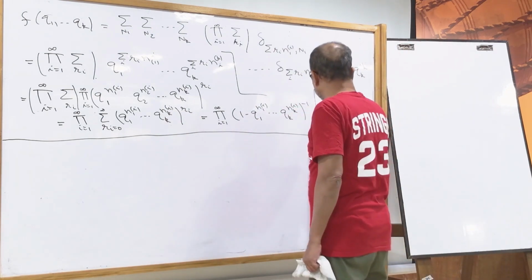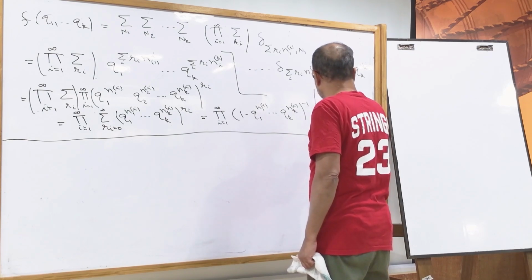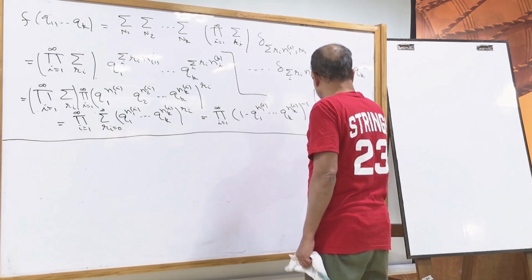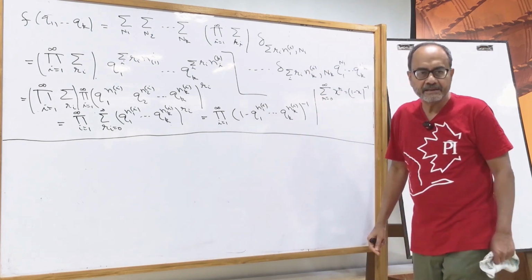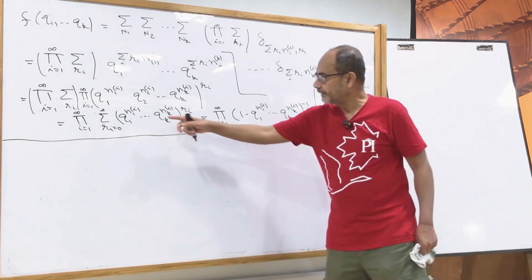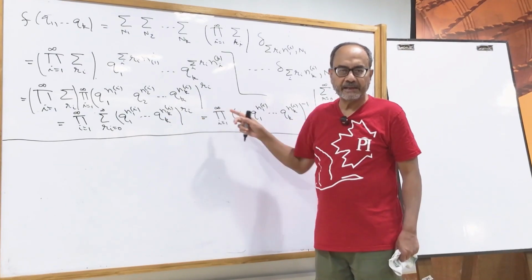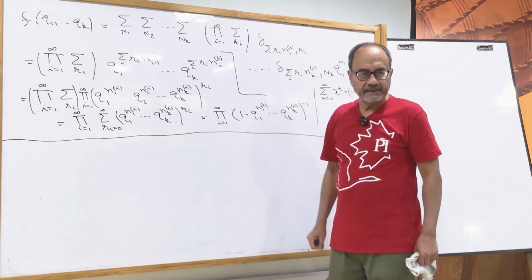Here I have used the fact that sum over R equal to 0 to infinity of x to the power R is 1 over 1 minus x. It is just the expansion of 1 over 1 minus x. So I can write this as 1 minus this, inverse.